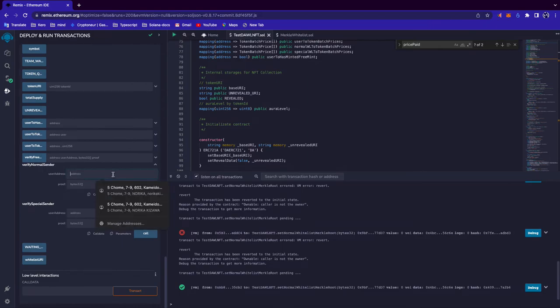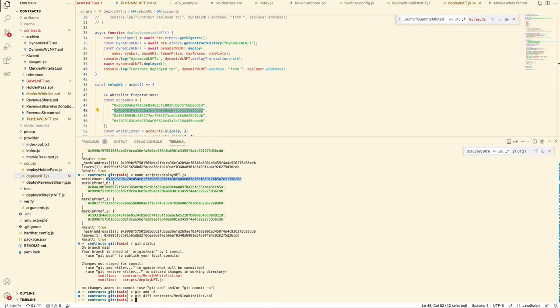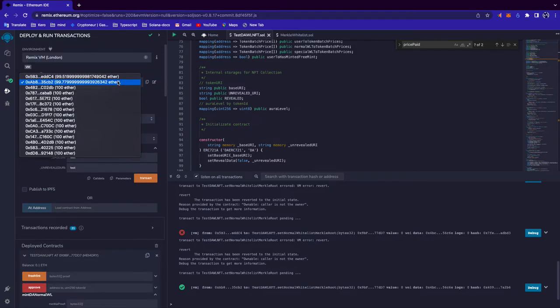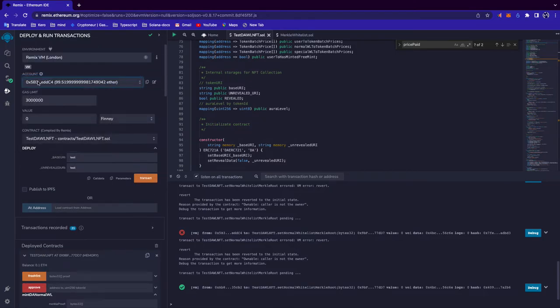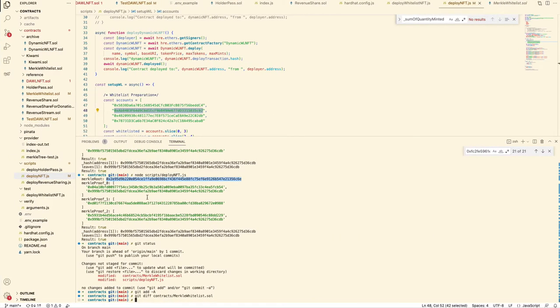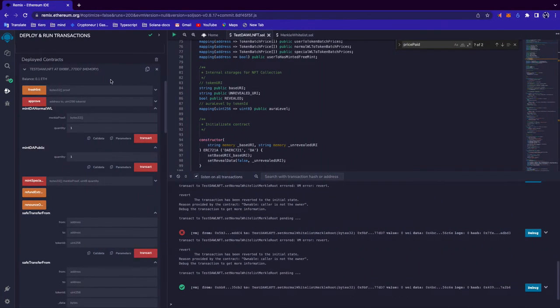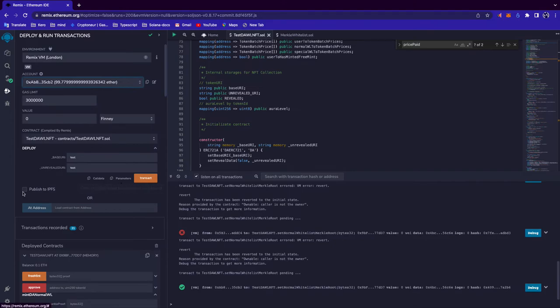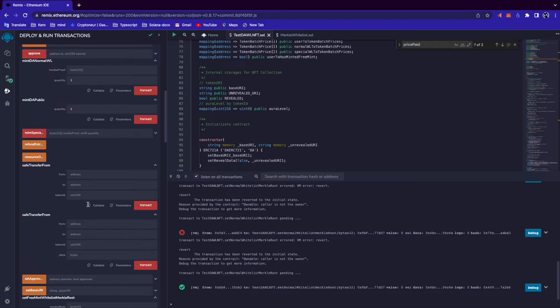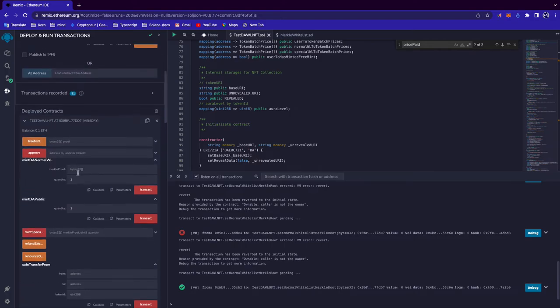After that, let's just try it out. I will mint from this address by invoking the function mint Dutch auction normal whitelist.